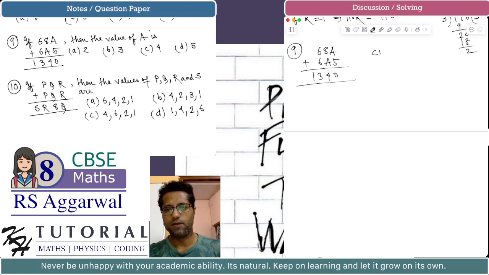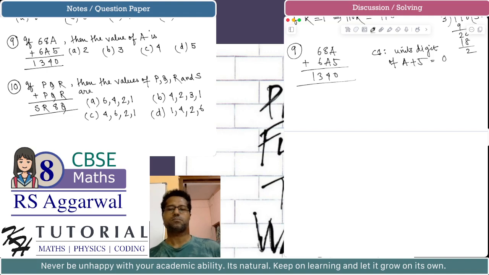From the column 1 addition, we see that the units digit of a plus 5 is equal to 0. So this implies that a has to be equal to 5. The only choice of a such that a plus 5 ends in 0 is a equals 5.